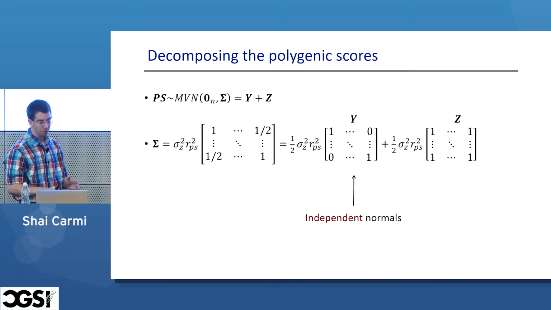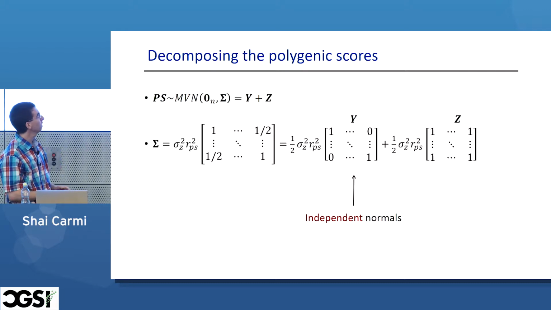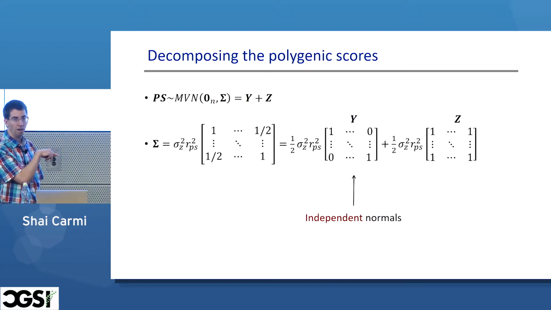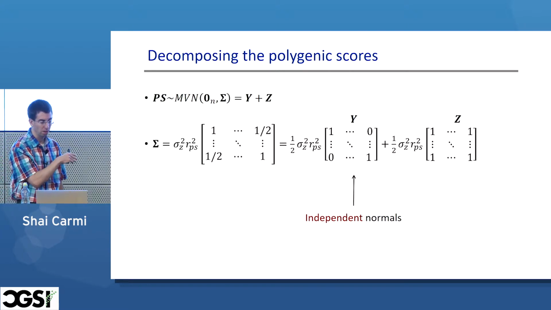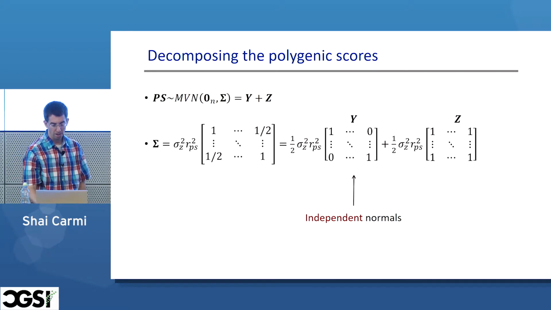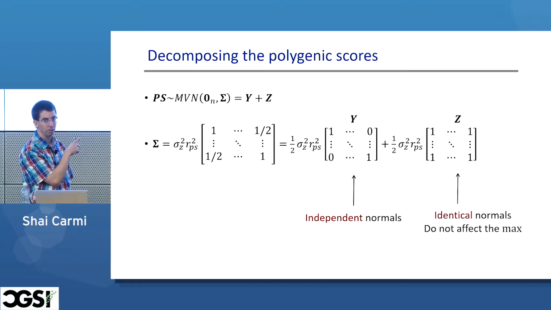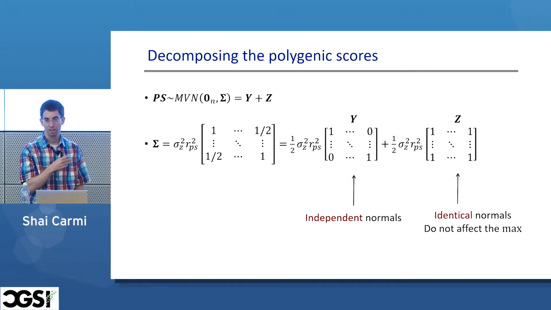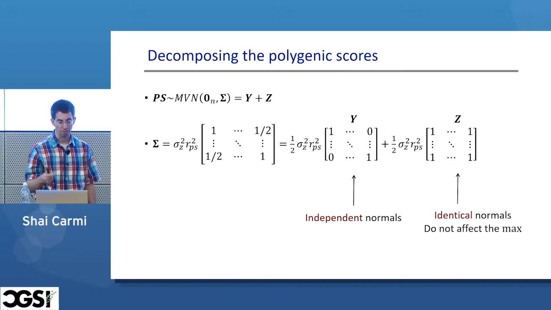You can probably convince yourself that the sum of these matrices gives us the covariance matrix of the polygenic scores. But now y is diagonal, so these variables are independent. And for z, the covariance matrix is all ones, so it represents identical variables. It's basically just one variable copied n times.